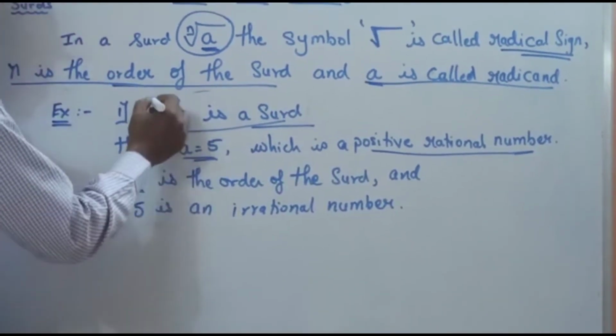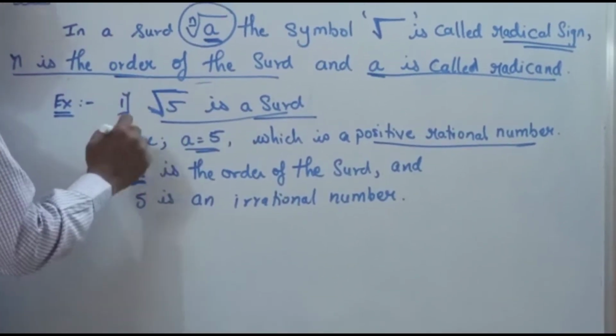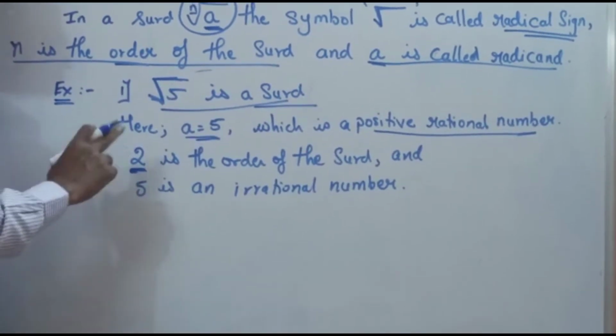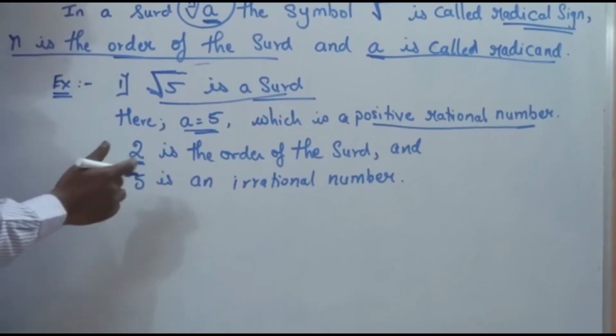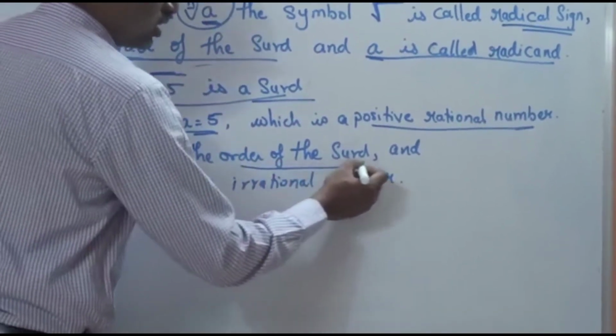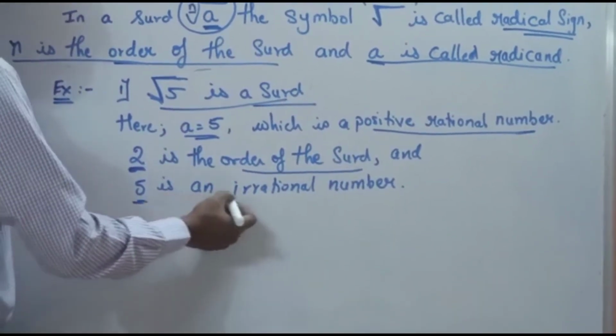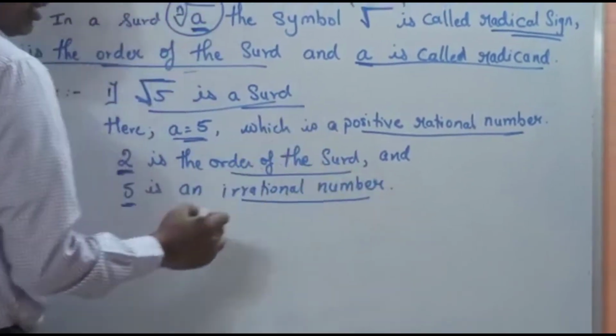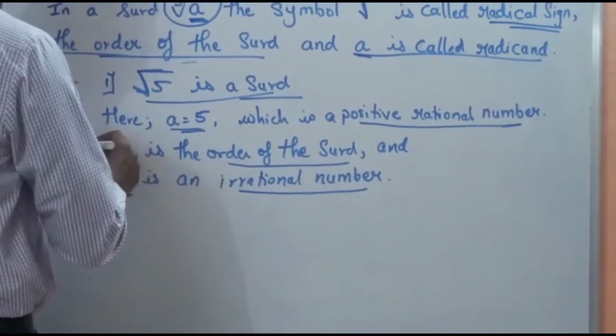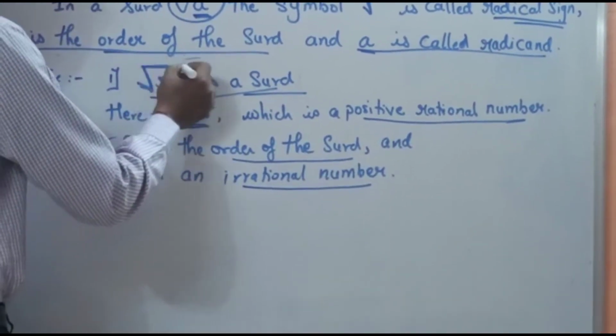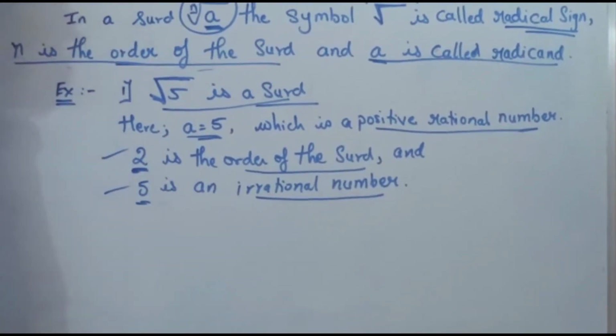When you write the root sign over here, the order of the root is 2. And 5 stands as a, and the root of it is an irrational number. So because of these two conditions, we say root 5 is a surd.